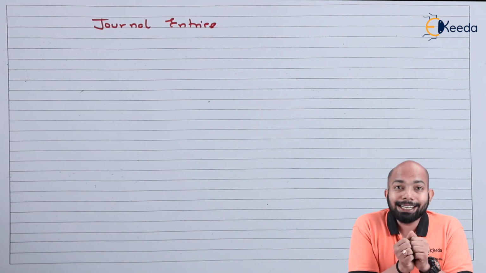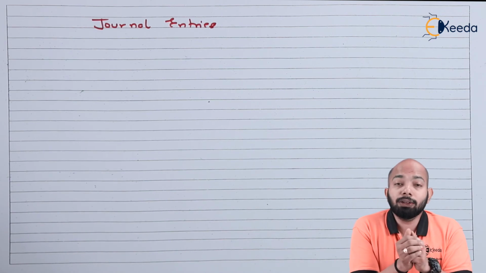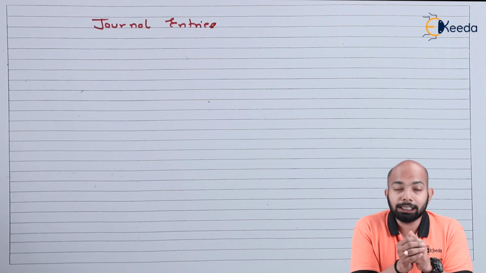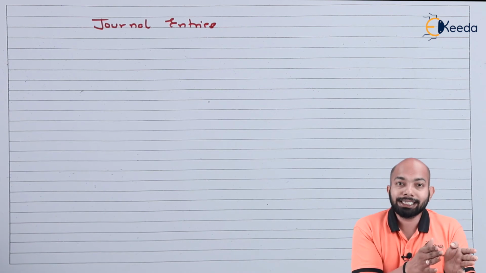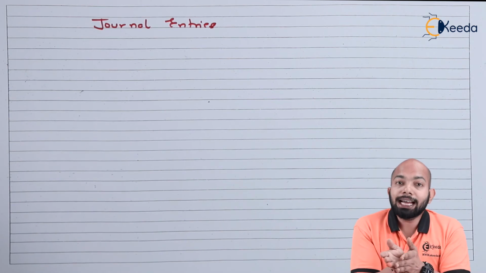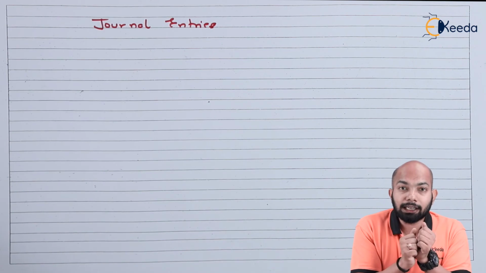Now the journal entries have to be passed in two formats. First, the capital amount that is brought in by the new partner, and second, the segregation of that specific partner's capital to be moved as a part of goodwill segregation that has been done here. So let's figure that out.